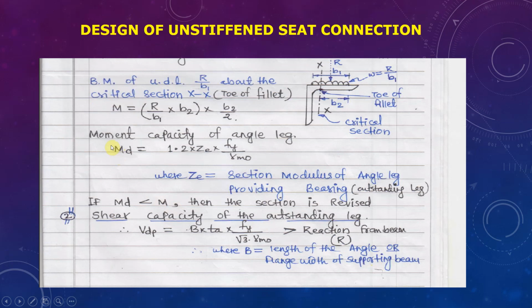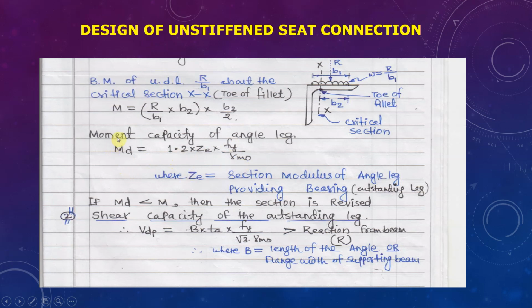Now let us find out the moment capacity of the angle leg. The angle leg we already selected; the length of the angle leg is selected, and the thickness of the angle is known to us. Let us verify whether this length and thickness of the angle is sufficient to resist this external bending moment or not. Therefore the moment capacity of the angle leg Md is equal to 1.2 ZE Fy upon gamma m0.